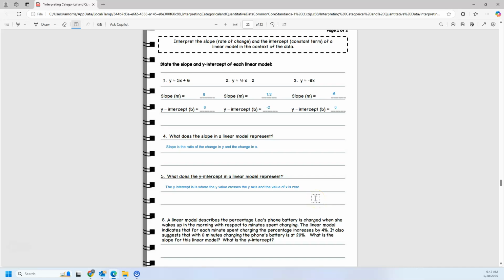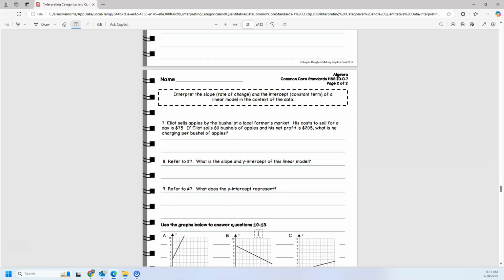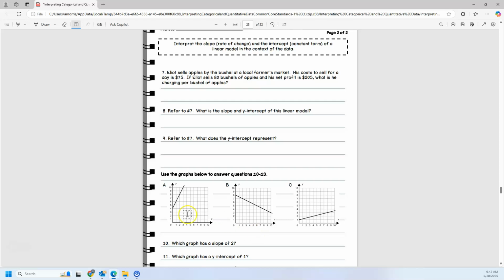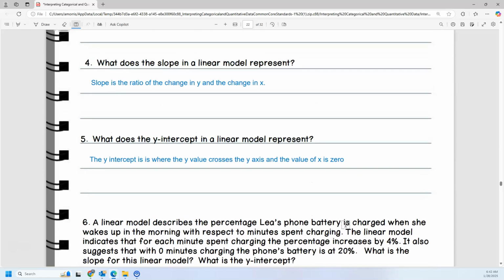So in context, looking at a graph, this is the y-intercept, so this is 4, this is the y-intercept, this is 8, and this, the y-intercept, that's 1, right?